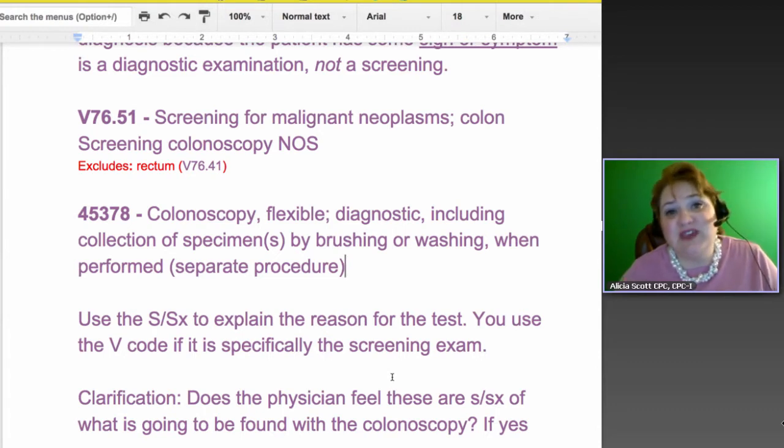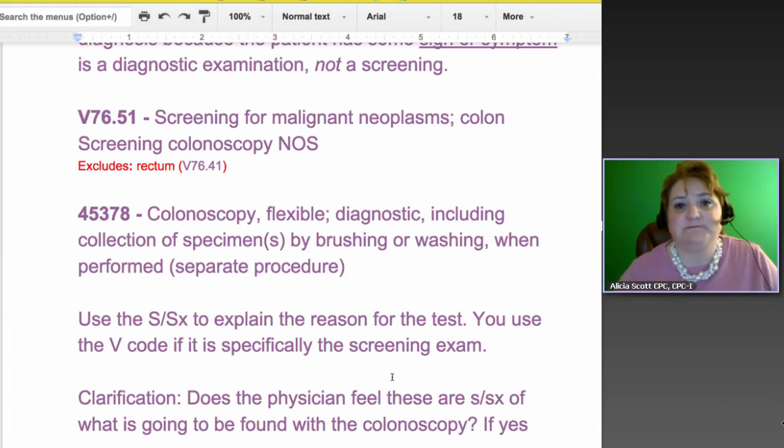You use the V code if it is specifically the screening exam, all right? So in the situation that we were given up here with the limited amount of information, I would say this isn't a screening. If you've got signs and symptoms, that's what the S and S stands for, your abbreviation for signs and symptoms, then you don't use this V code.